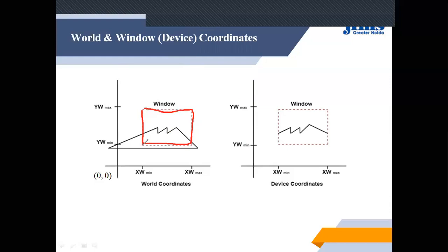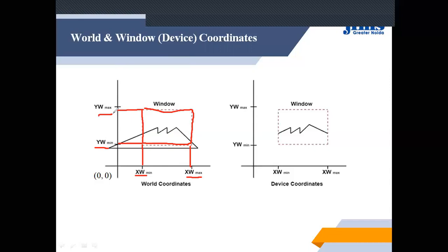And there is the minimum x coordinate, maximum x coordinate, minimum y coordinate, and maximum y coordinate. Means the size of the window is always fixed. On the x-axis there is x minimum and x maximum, whereas on the y-axis there is y minimum and y maximum.